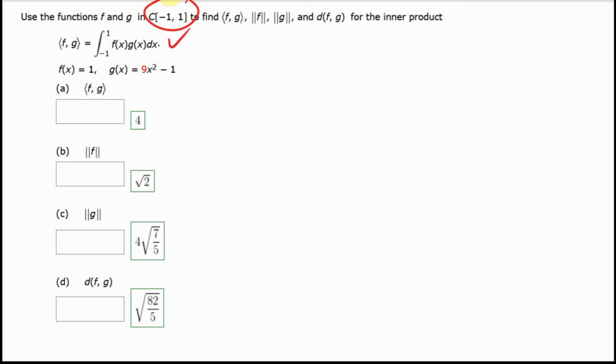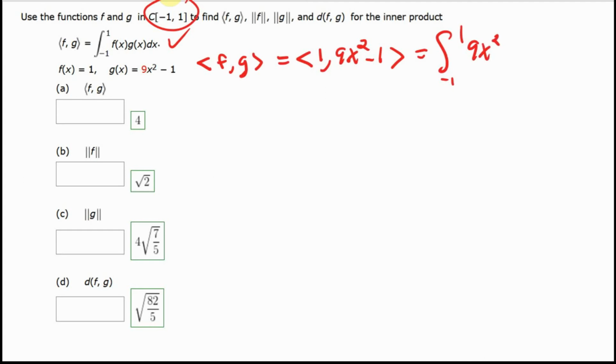So let's find the inner product of f and g. F is 1 and then g is 9x squared minus 1. So this looks like the integral from negative 1 to 1 of 1 times 9x squared minus 1, which is just that. So it's just a straight integral.